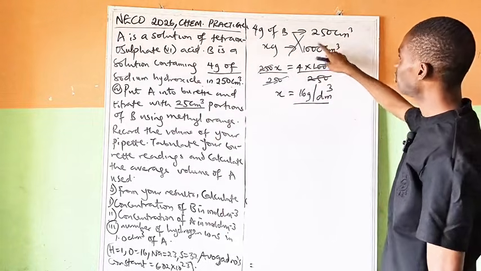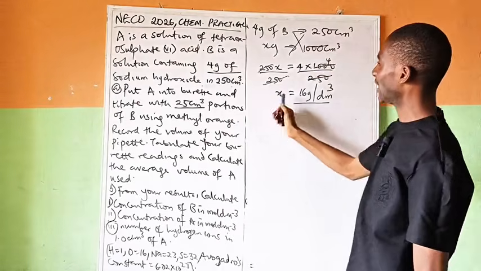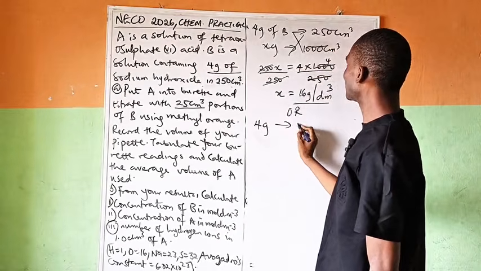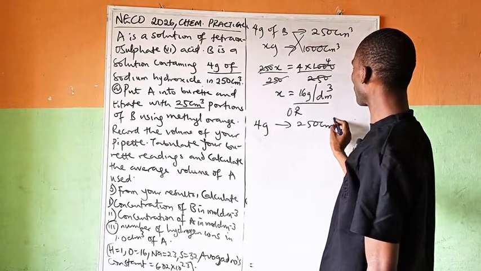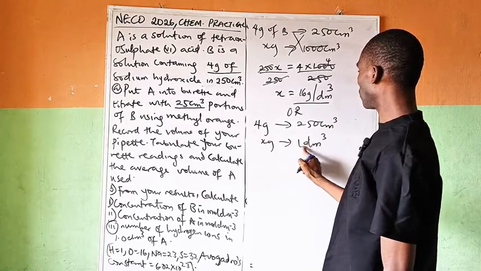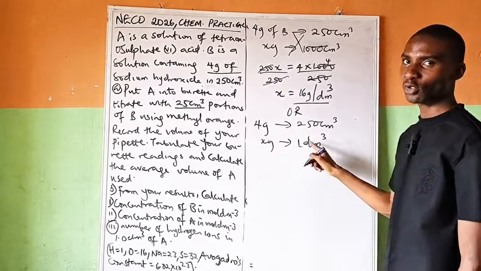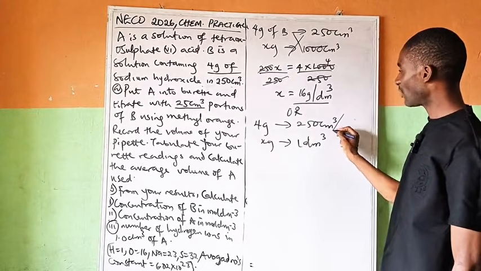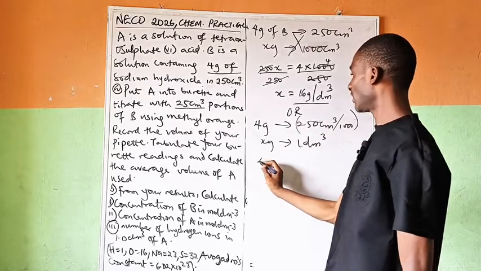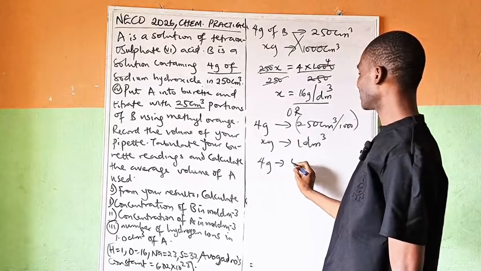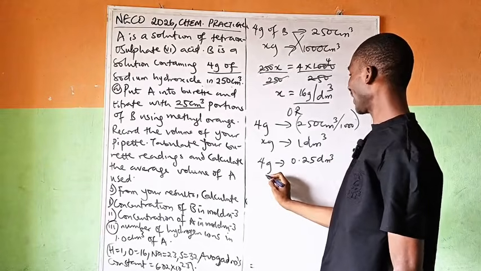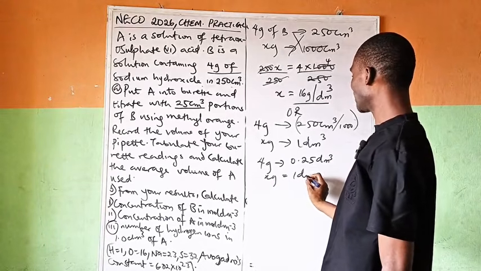You remember I told you another way you could do that is you can say 4 grams is present in 250 cm³. x gram is present in 1 dm³. Convert this 250 cm³ to dm³ by dividing it by 1000. So you're going to have 4 grams is present in 0.25 dm³, while x gram is present in 1 dm³.